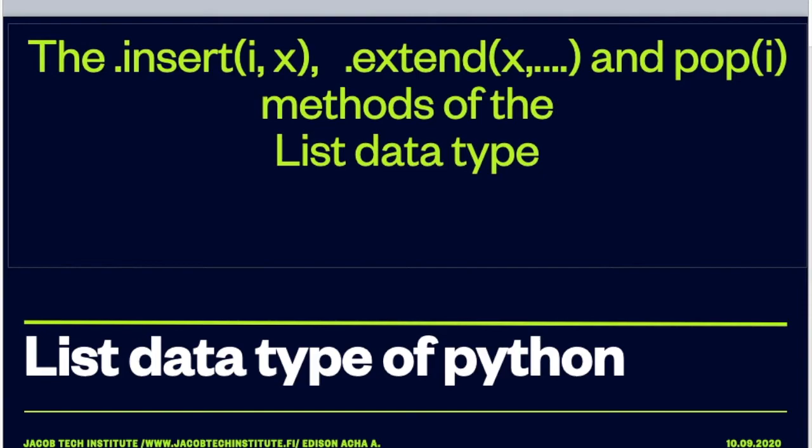I'm sure that we can have a better appreciation of these concepts practically. So I'm going to go to my Jupyter notebook and show you how these methods can be used practically.